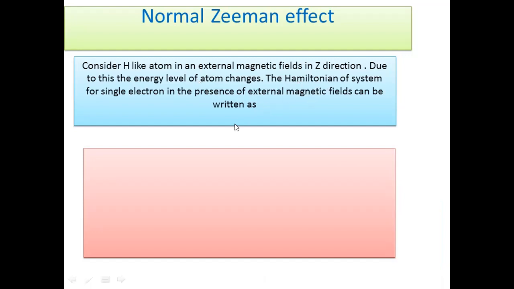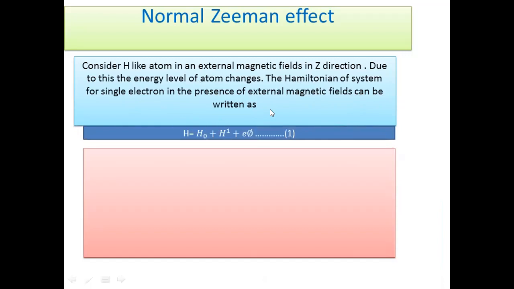The Hamiltonian of the system for a single electron in the presence of an external magnetic field can be written as H equals H0 plus H1, where H0 is the unperturbed Hamiltonian and H1 is the perturbed Hamiltonian. This is the potential energy for the external magnetic field applied on the single electron.